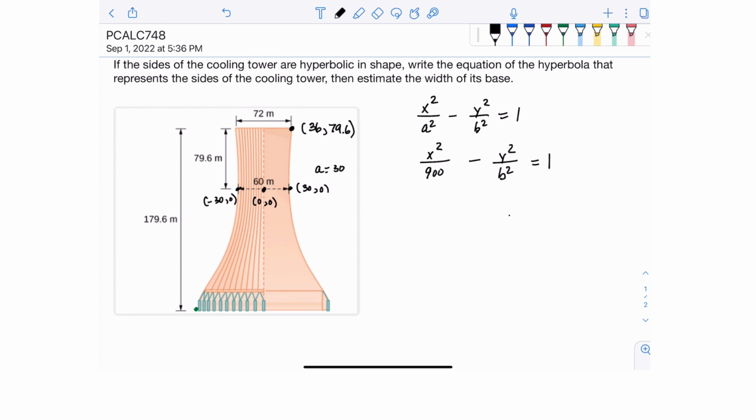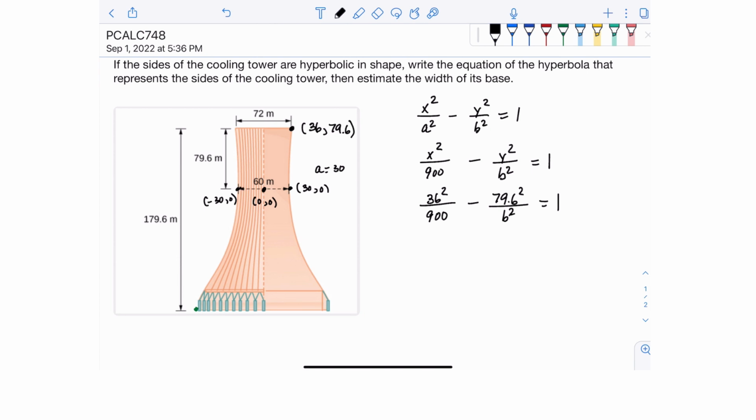Because if I substitute an x and a y into the equation, for that x and y to satisfy the equation, we're going to be able to find the value of b squared. So x being 36, we have 36 squared over 900 minus 79.6 squared over b squared equals 1. Now we can solve this equation for b squared.